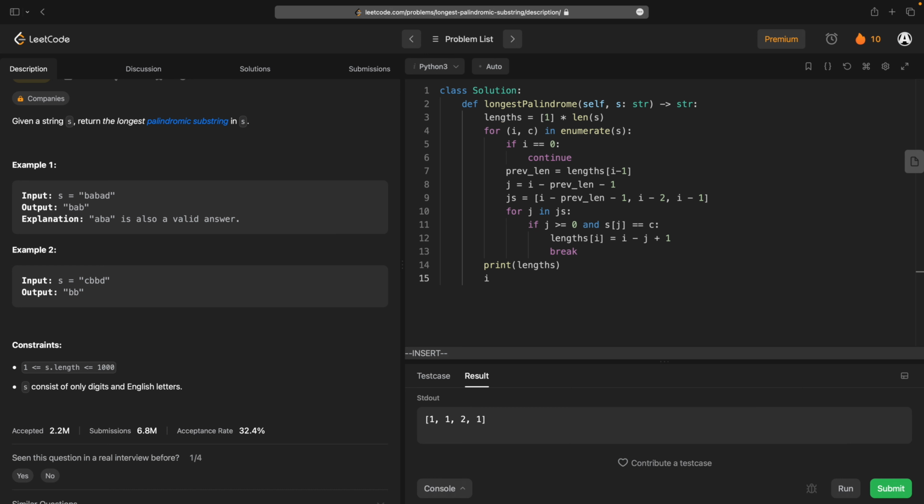So j is equal to the max of the enumeration of lengths. Key is lambda v v1. I want the maximum of the values, not of the indices, but I actually want to get the index.